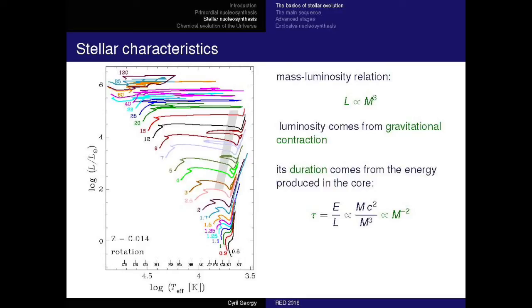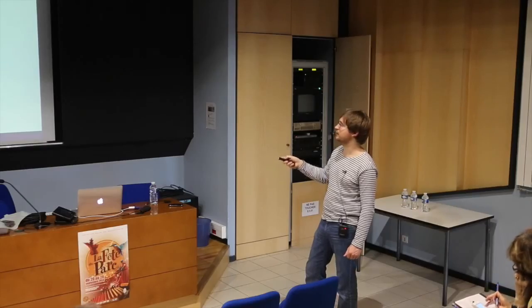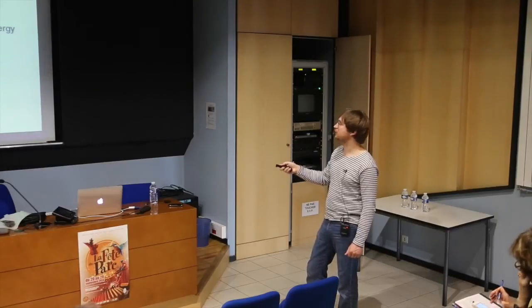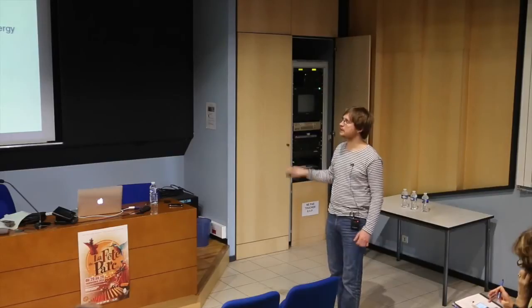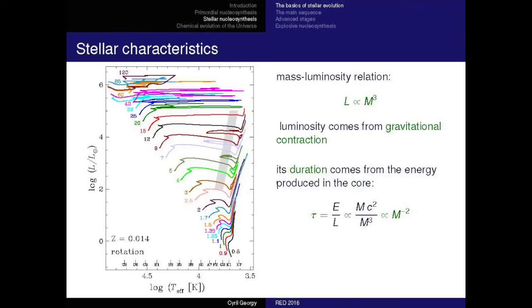You have here very low mass stars, 0.8 times the mass of the sun, and very massive stars, 120 times the mass of the sun. This is not exactly the same plot as before, because there you have only points where the stars lie. In this plot, you have the results of the models, so you will see how stars are evolving in this diagram.